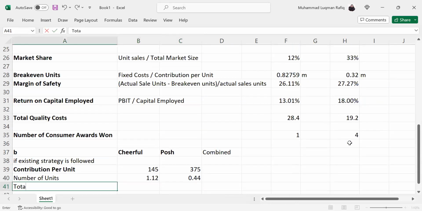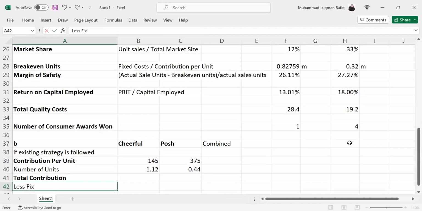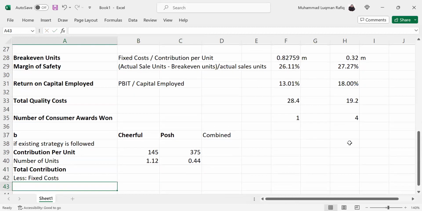So we've got the total contribution less fixed cost, net profit.